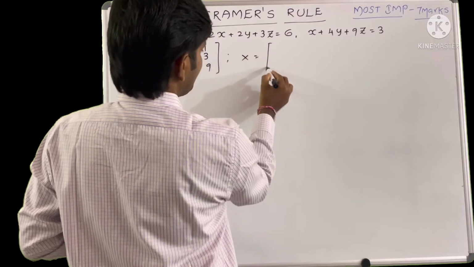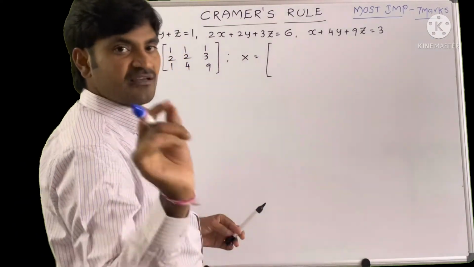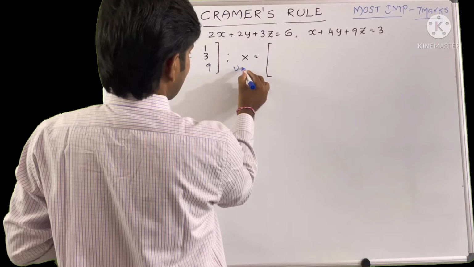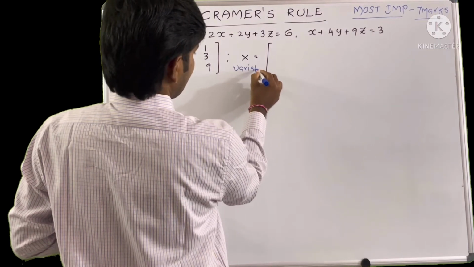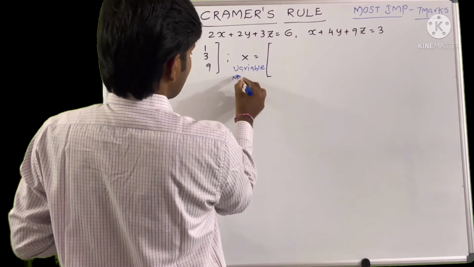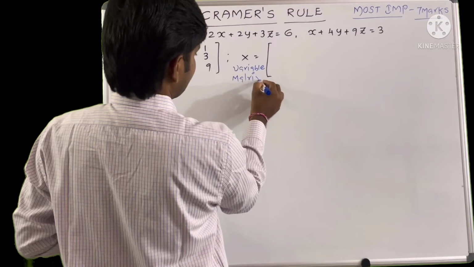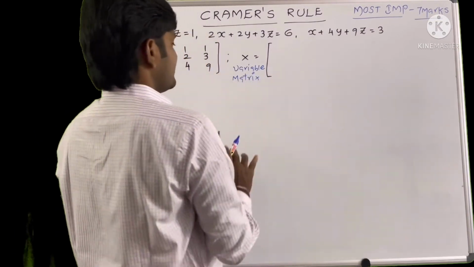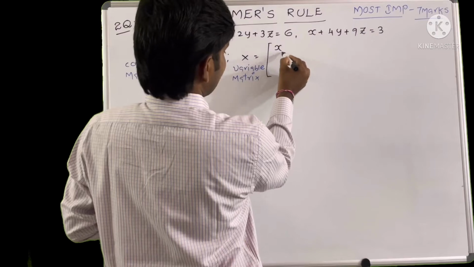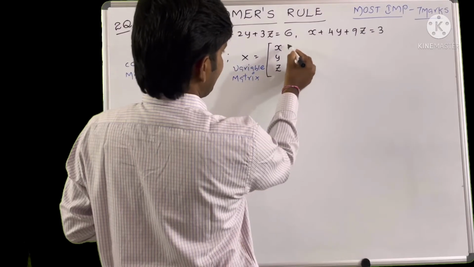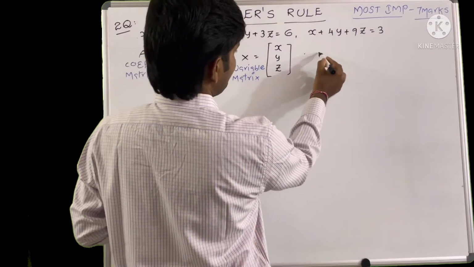Next, X means the variable matrix. The variable matrix is fixed, that is small x, y and z.